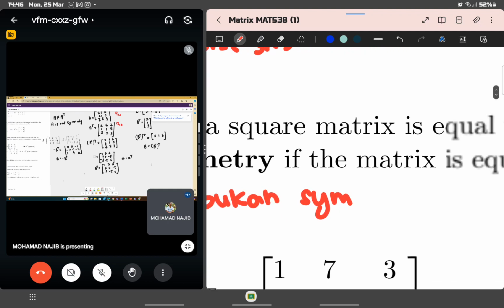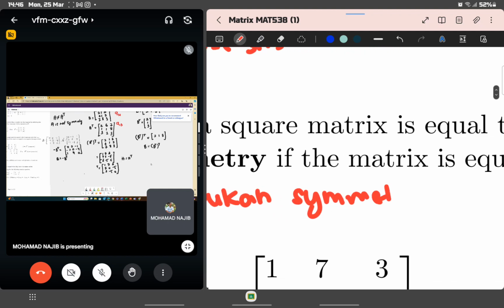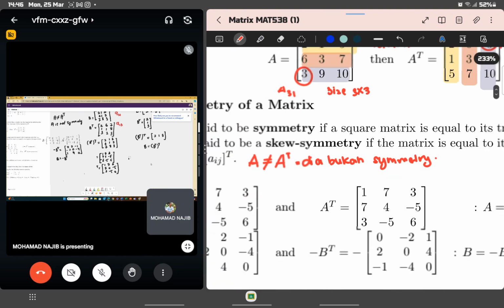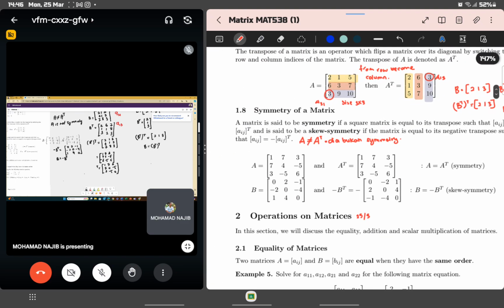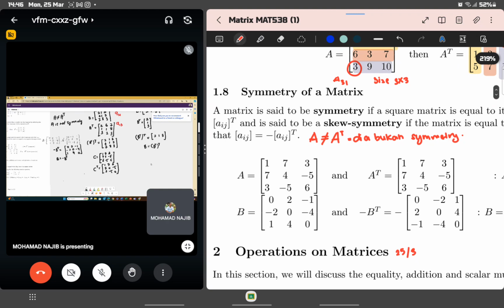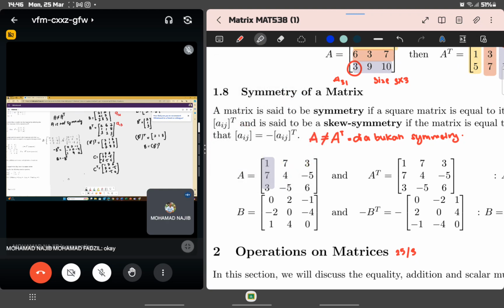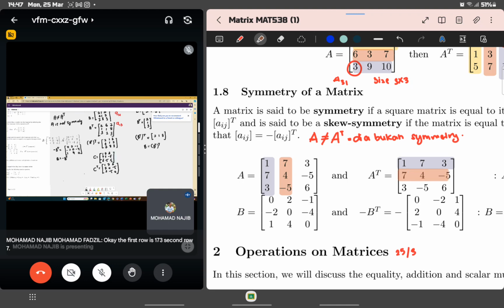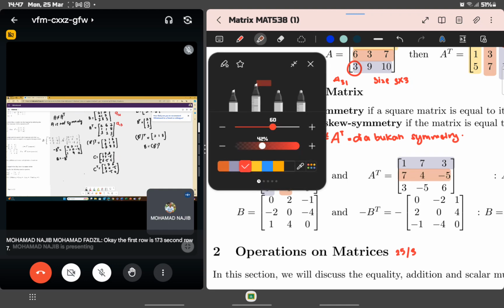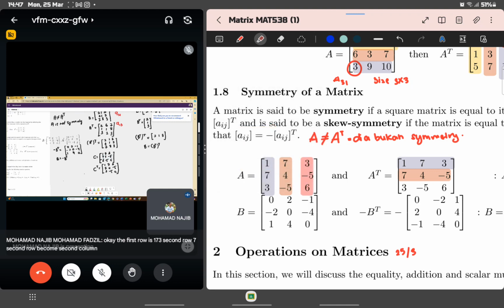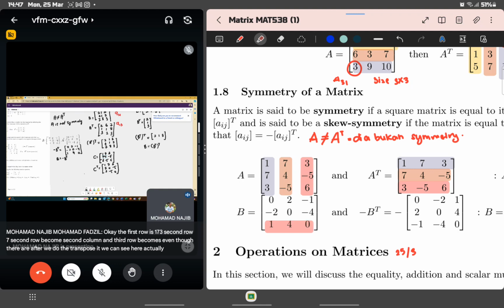Kalau sini ambil C. Okay, cuba tengok C. C, the first row is 173, second row 74, -5, third row 3, -56. After we find the transpose, first row becomes first column, second row becomes second column, and third row becomes third column. Even though after we do the transpose, we can see here actually they are still the same.